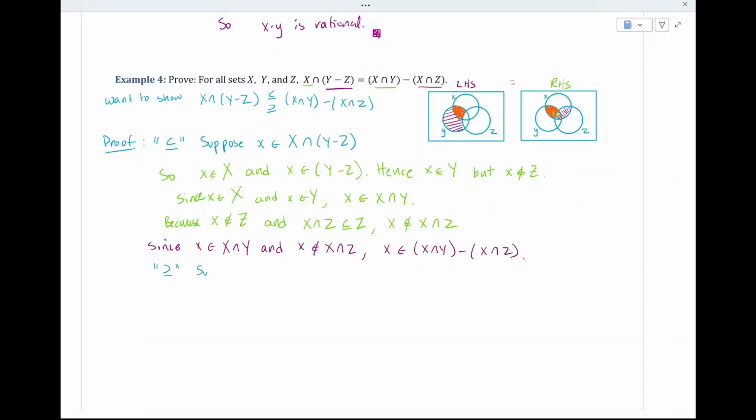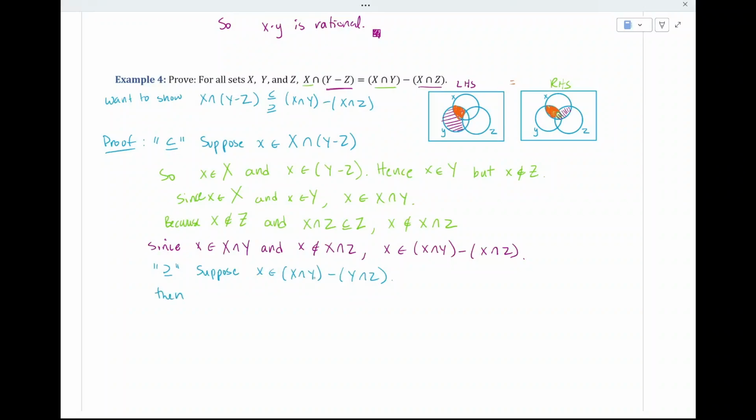So we are going to suppose that little x is an element of (X intersect Y) minus (X intersect Z). And we're going to try to show that x is also an element of this left-hand side.